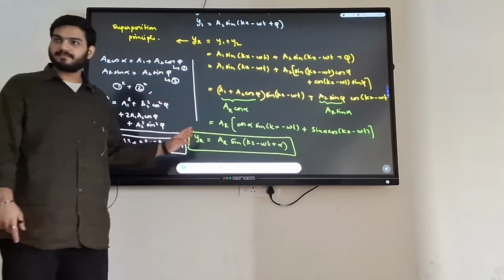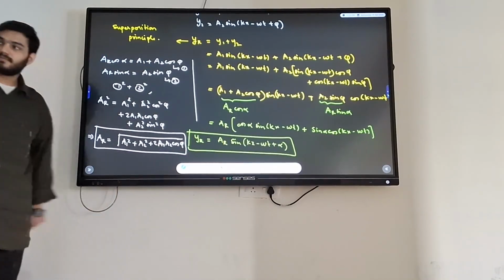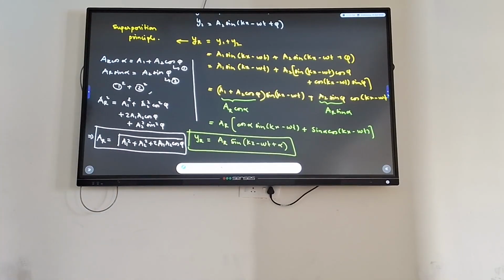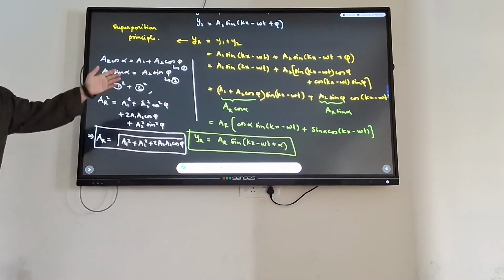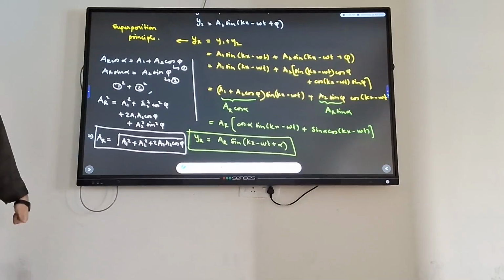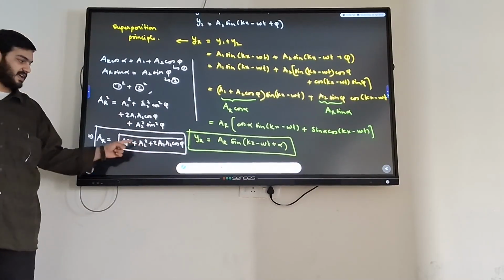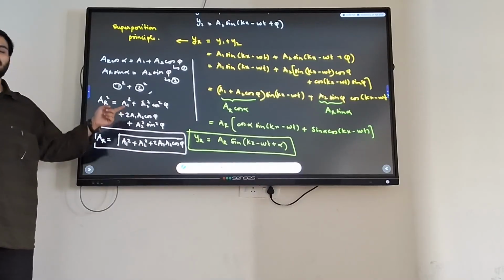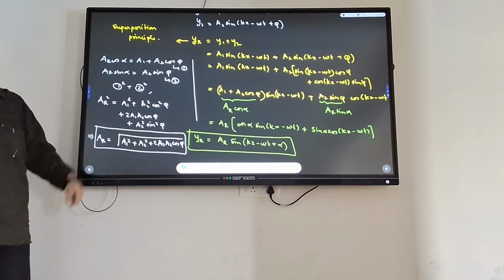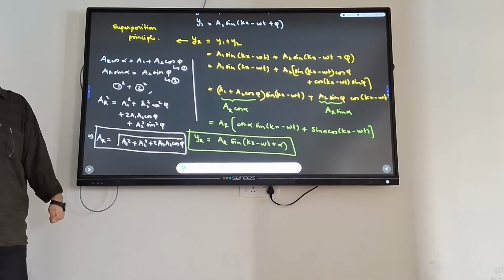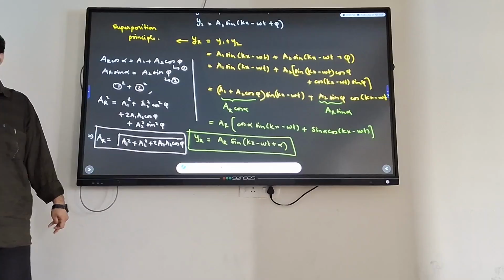Is it okay? I didn't understand how you took A1 plus A2 cos φ as AR cos α. I'm assuming that. If I do assume that, then these are the things I'm finding, and then I can find the expression for AR by this formula. How will I find α by looking at these two equations? If I want to eliminate AR, divide the two equations.